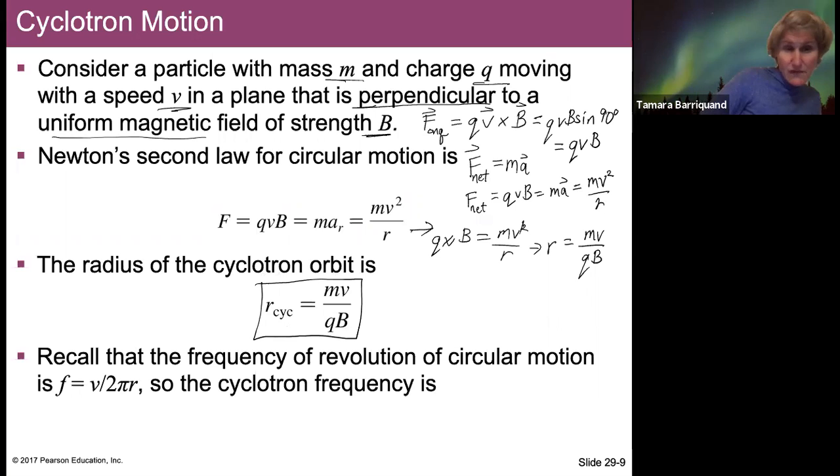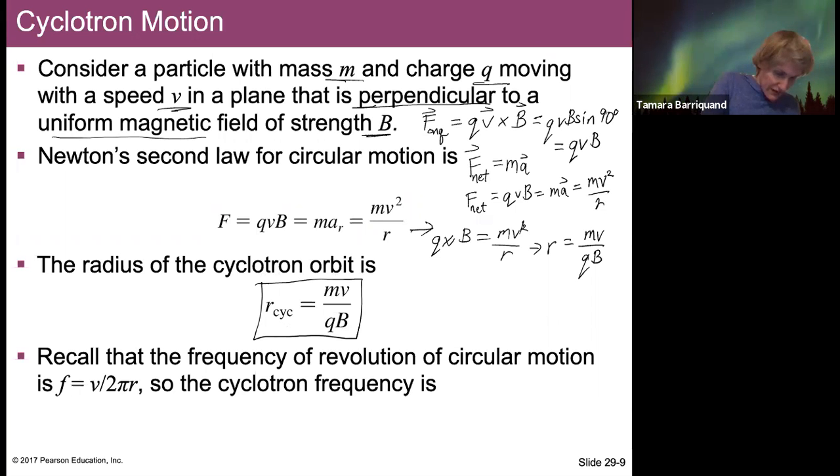Now we recall that the frequency of revolution for circular motion is going to be the velocity over the total distance that it's traveling in one period. That will be 2 pi r, the circumference of the circle that it's going around. So the frequency is going to be v over 2 pi r.